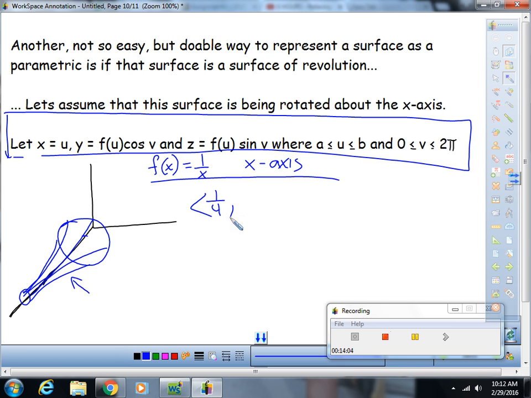So it looks like u is going from 1 to 10. And v is still going from 0 to 2 pi. This right here is 10. And this right here is 1.